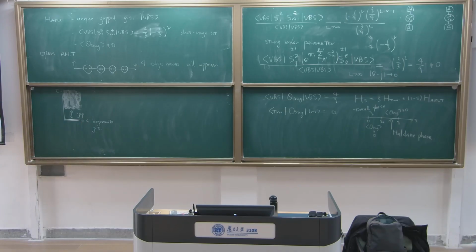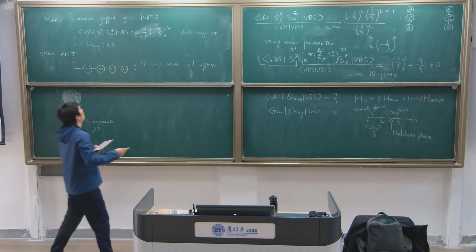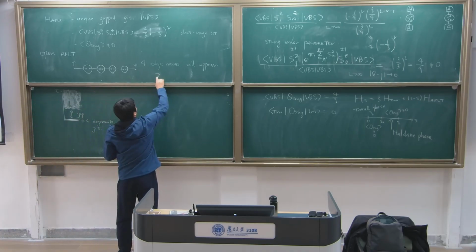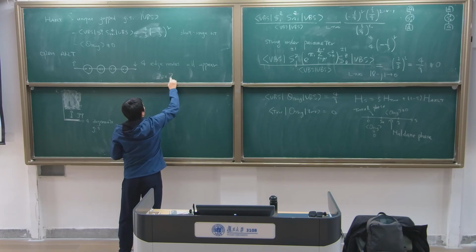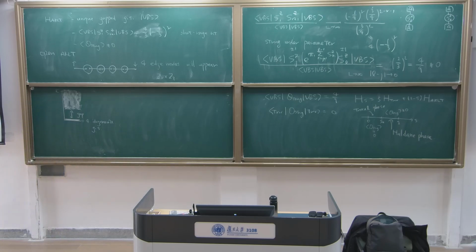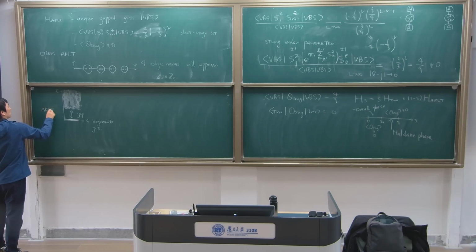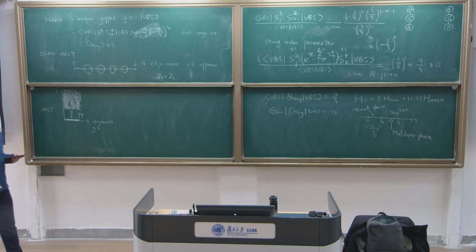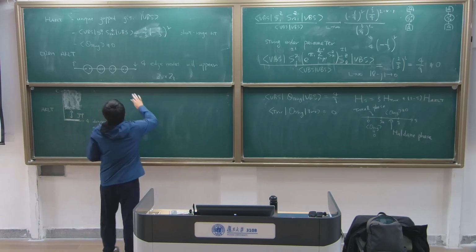So if you have an open end, you have this kind of picture right here. For each edge, you have a spin one-half on the edge. So this is the AKLT. And the Heisenberg chain also has something similar to this.